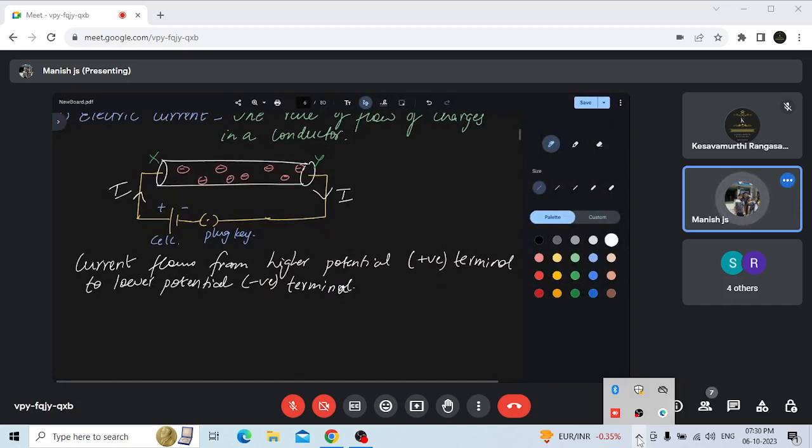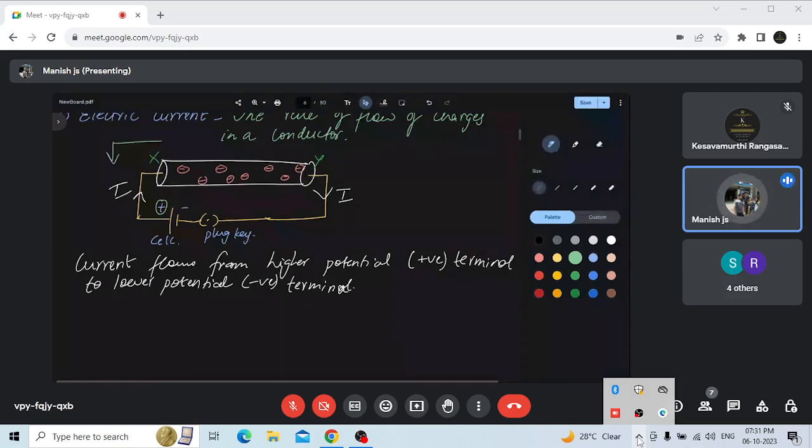Now, when you look at the flow of electrons, current was discovered initially. The direction of current is taken from positive to negative, but electrons were discovered later and found to have a negative charge. So the direction of flow of electrons is opposite to the flow of current, because electrons are negatively charged. Can you see the cell is positively charged on the left side? Opposite charges attract each other, so that's the reason electrons flow in the opposite direction to the flow of current.